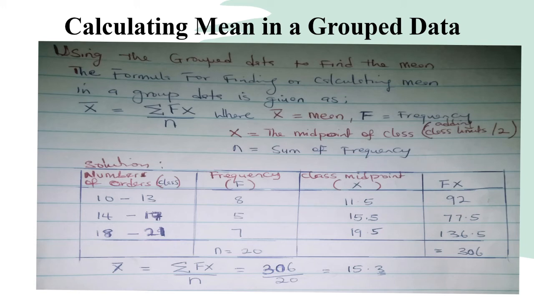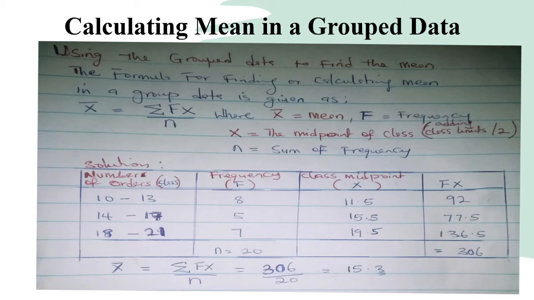So first we make a table to make our calculation easier. We have our number of orders as before, the frequency, and the class midpoint, which is the x.